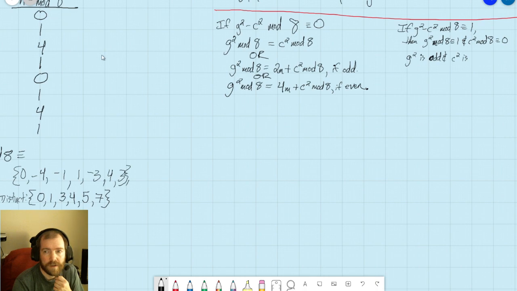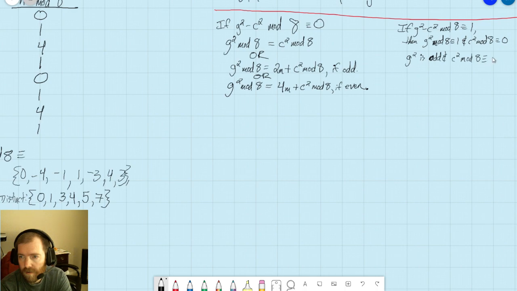So c squared mod 8 is either going to be 0 or 4. No, that's not what I wanted.